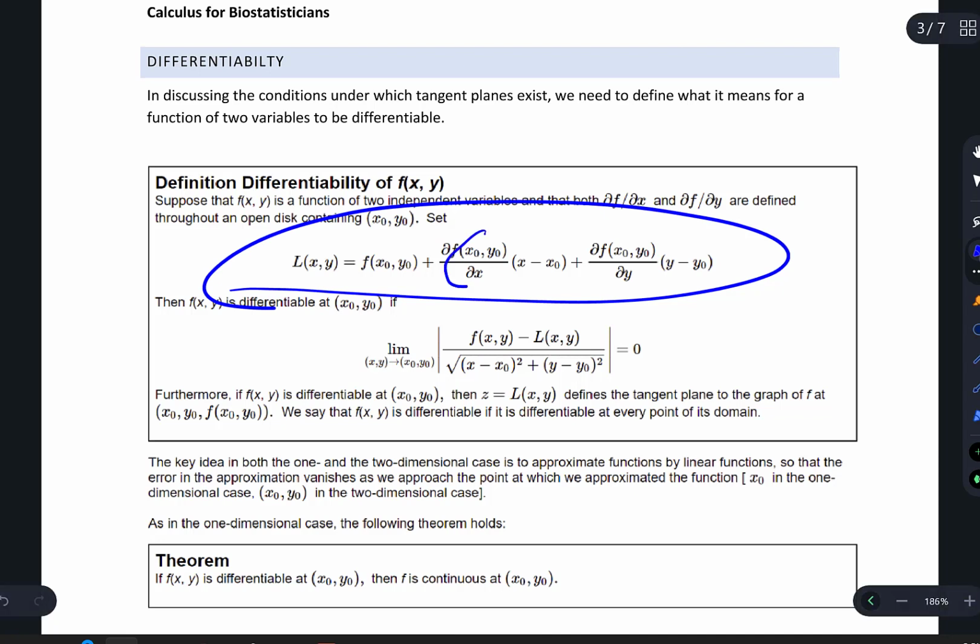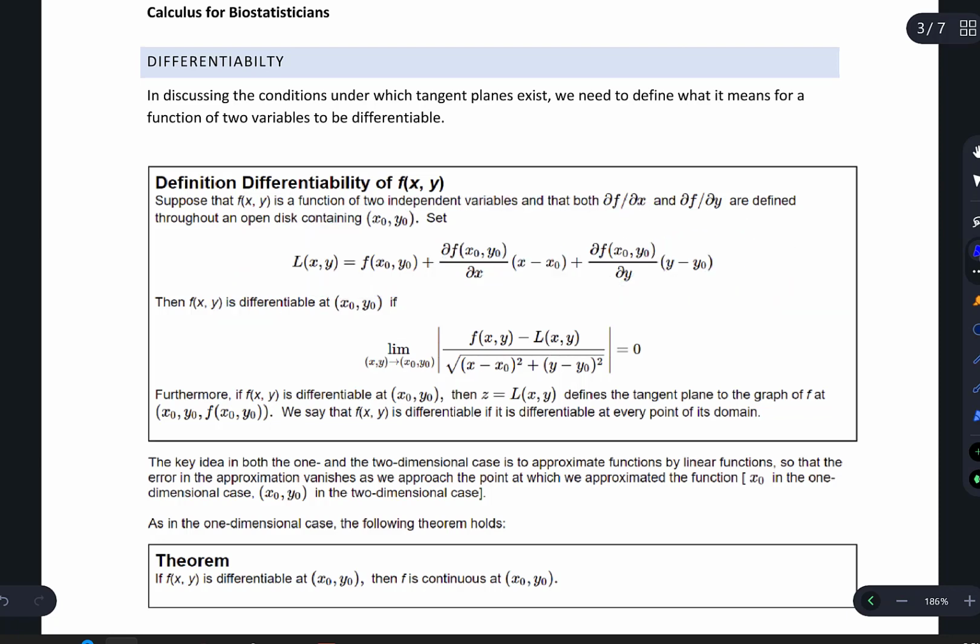We have that partial derivative at the point times x minus x naught, the partial derivative with respect to y, also evaluated at that point, times y minus y naught. And then here you've got f of x naught, y naught, and so that's going to be similar to the z that you saw earlier.